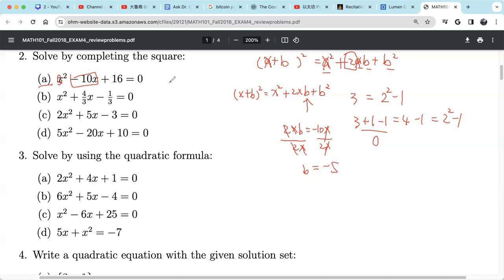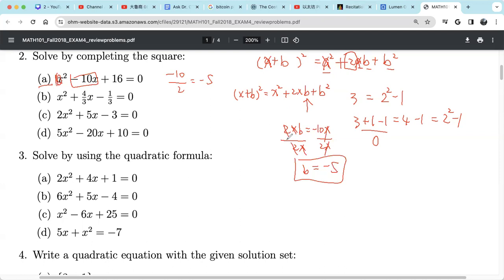Usually when completing the square, we make sure the coefficient of x squared is 1, then we take the coefficient of x, negative 10, and divide by 2, giving negative 5. That's how we got b equals negative 5.